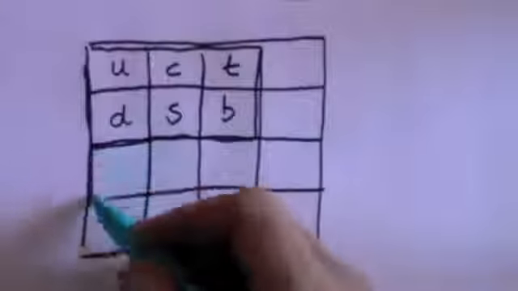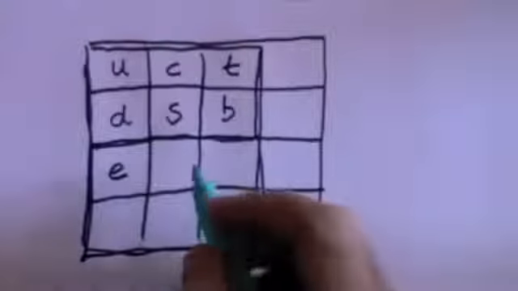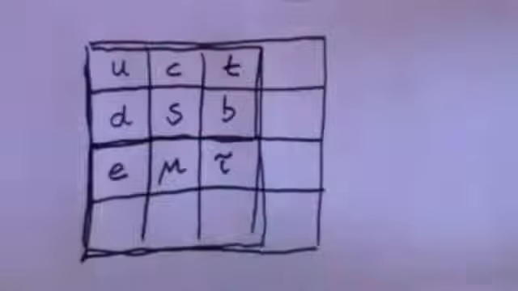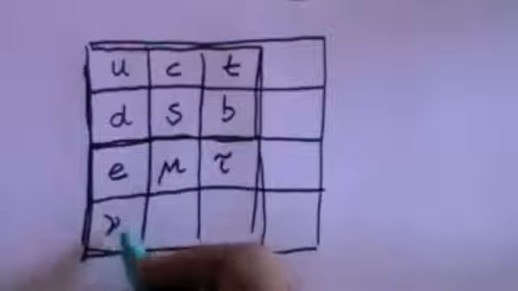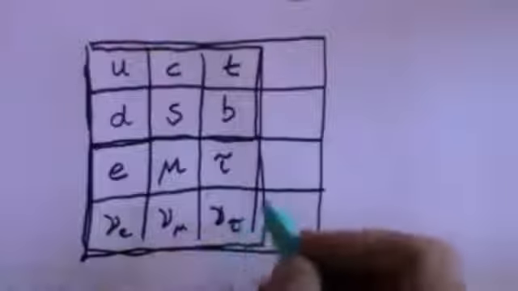There's the up and the down, the charm and the strange, the top and the bottom. We've already referred to those. Those are quarks. They are also called fermions. The bottom 6 are for the so-called leptons. That's the electron, the heavier electron, which is the muon, and the even heavier electron, which is the tau. And their associated neutrinos, which is the electron neutrino, the mu neutrino, and the tau neutrino.